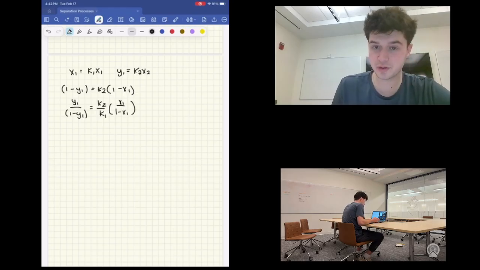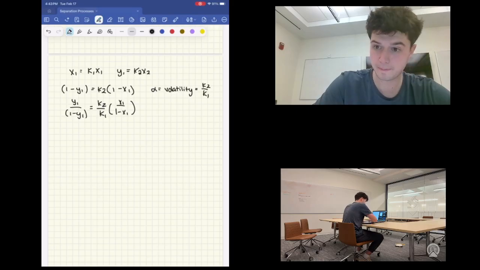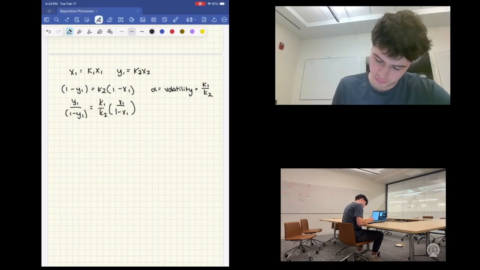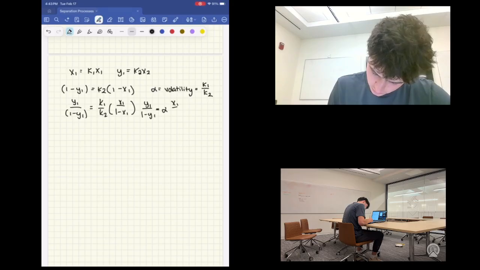And now, one thing to remember is that the symbol alpha, which is the relative volatility, is equal to k1 over k2. So this k1 over k2 is going to be substituted in by alpha to get y1 over 1 minus y1 equals alpha times x1 over 1 minus x1.